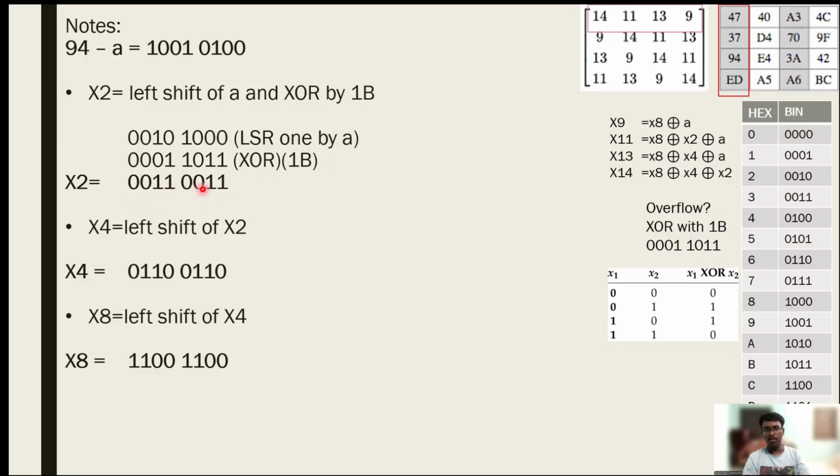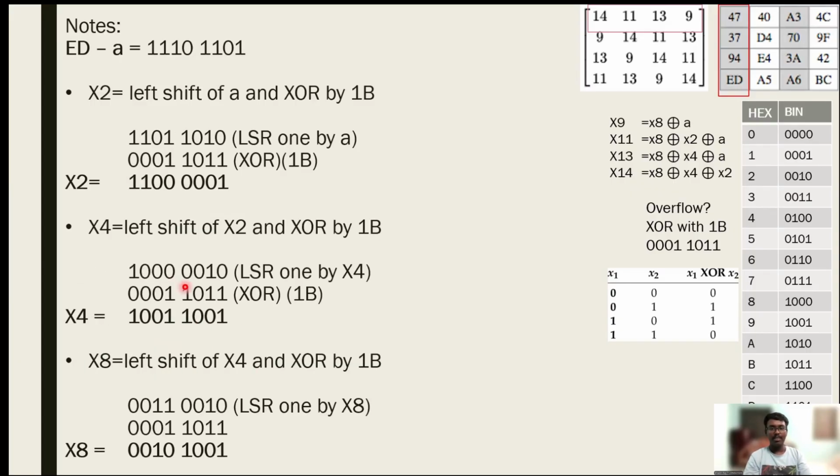So we are going to left shift x2 by 1 to get the answer of x4. We have just left shifted it. You can see the 0 is added, the 1, 0 is eliminated and the rest is written as it is. And since we don't have MSB as 1, we don't need to do any XOR here. So we're just doing the left shift for x4. I guess you got the answer for 94.